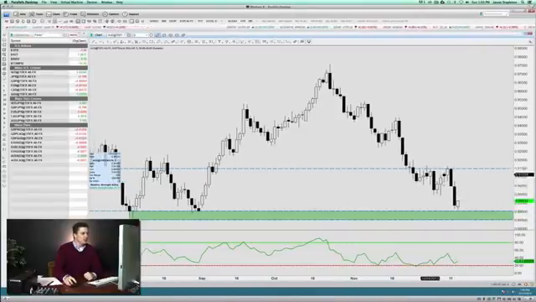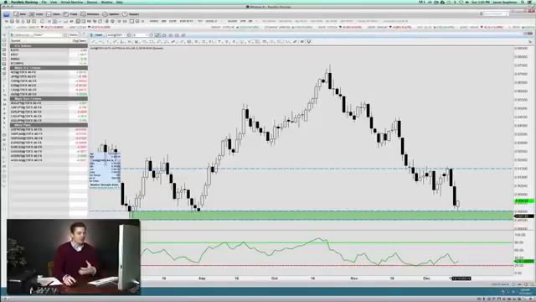You want to wait for this market to press down, or my personal preference is to wait for the market to press down into this zone. It's a narrow zone here on the daily chart between 8,900 and 8,850. So there's only about 50 pips in here of potential reversal zone. If the market is going to reverse, highly likely that it's going to do so somewhere in here.